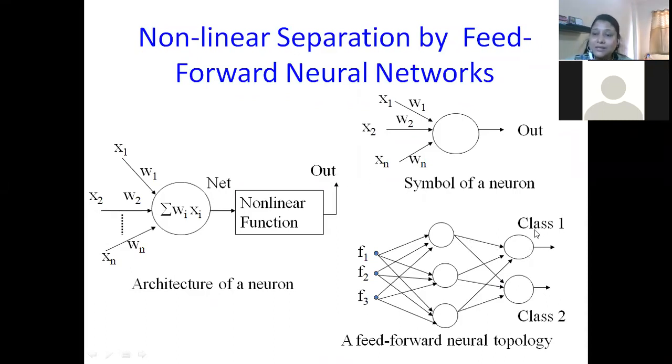That means this is the output of the classes. So whenever in this manner we deal with a classification problem using this kind of feed-forward neural network, it involves a supervised learning algorithm. So all these output classes are also labeled. That is why these two classes can be labeled as class 1 as well as class 2. So this is how a feed-forward neural topology looks like.